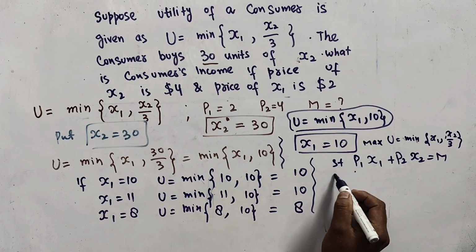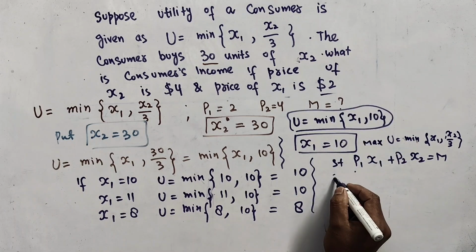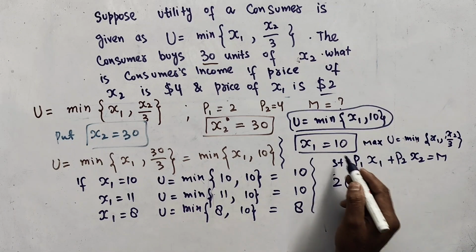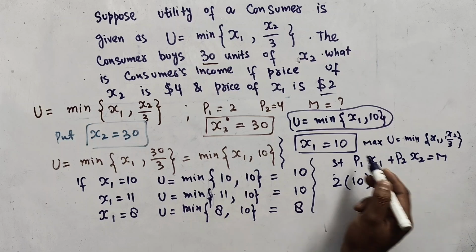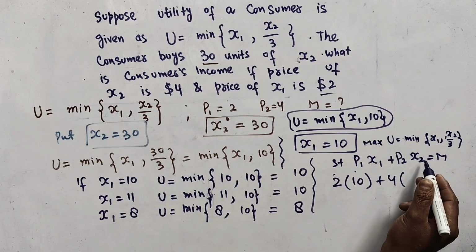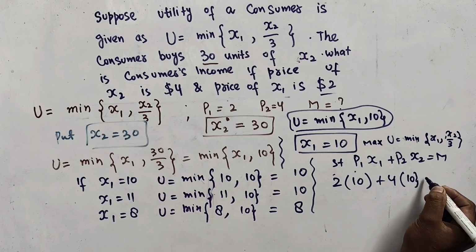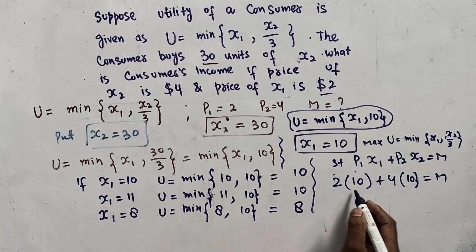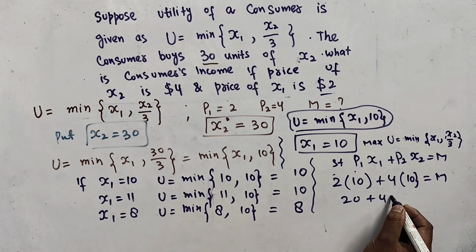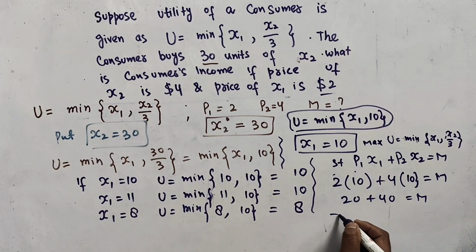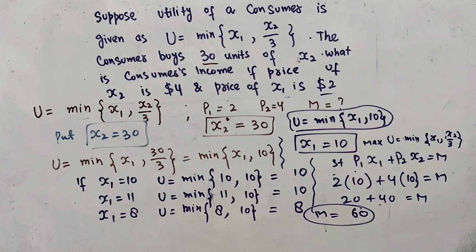Price of good 1 is given as 2, so we have 2 times 10 units of good x1, plus price of good 2 is 4, and at equilibrium he consumes 30 upon 3, which is 10, which will be equal to m. So 2 tens are 20 plus 4 tens are 40 is equal to m. That means the consumer's total income will be equal to $60 if he consumes the goods in the given proportion.